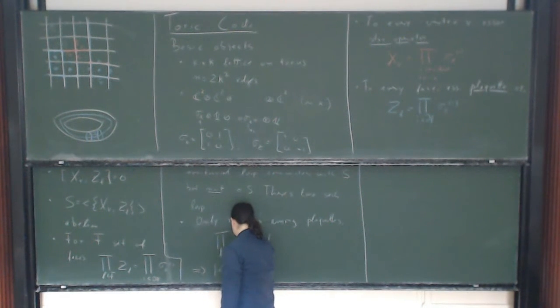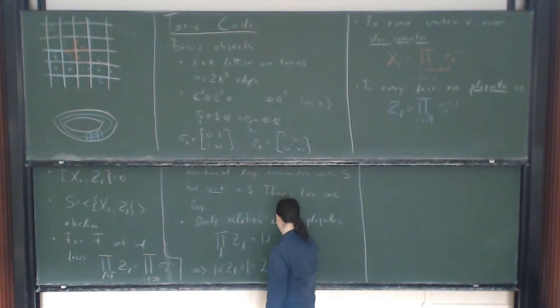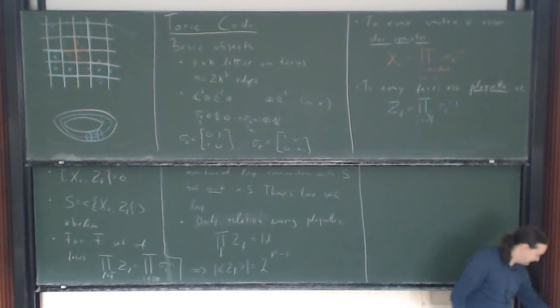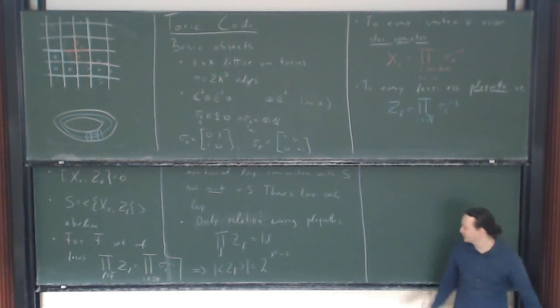So the cardinality is 2 to the k squared minus 1. Is that right? Yeah, that's right, and that's important.